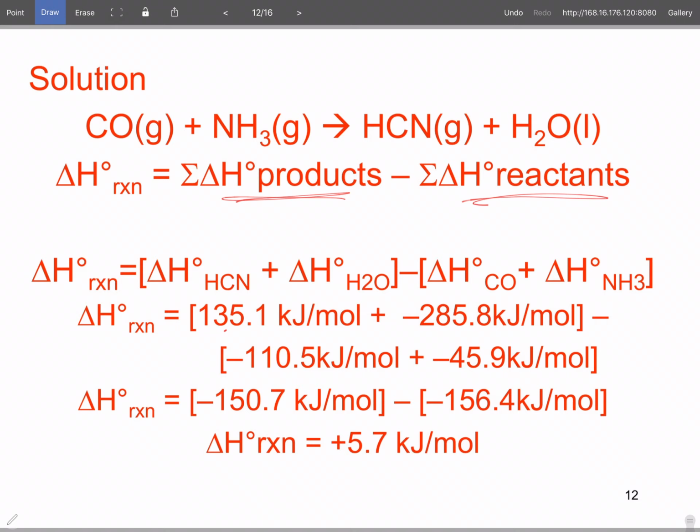So these happen to all have a coefficient of 1, so we don't have to do anything with that. So as we do the math, we end up with a negative on a negative. So we end up with an endothermic reaction when we're done. And it's relatively simple to do. It's just a matter of looking at the values.